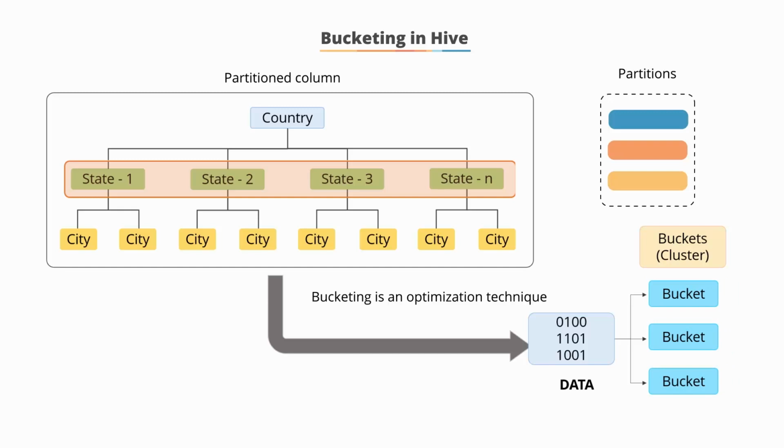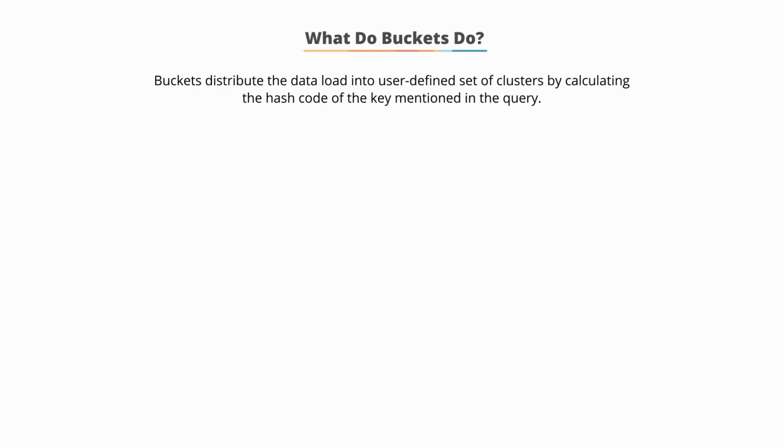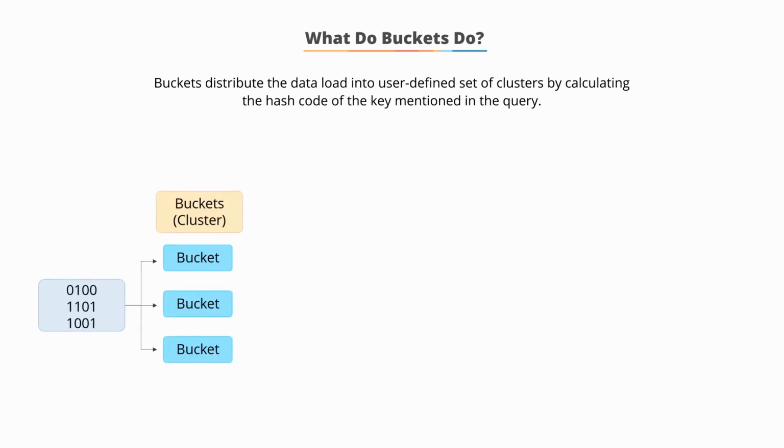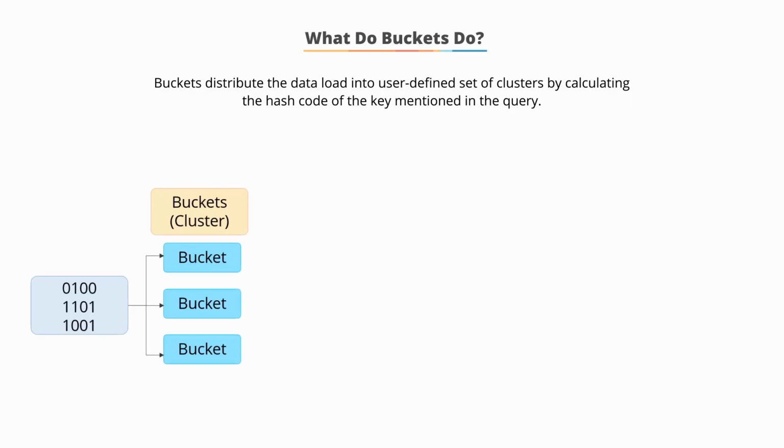So what do buckets do then? Well, based on the previous example, we saw that they will distribute the data load into user-defined sets of clusters by calculating the hash code of the key mentioned in the query. For example, a city would create the same hash code each time a hash code is needed.